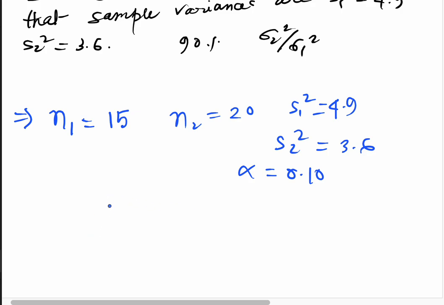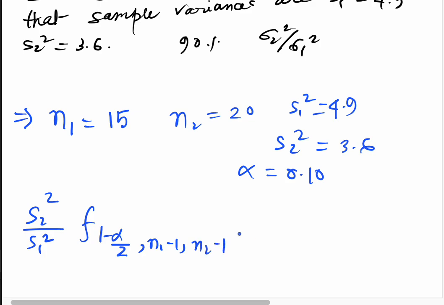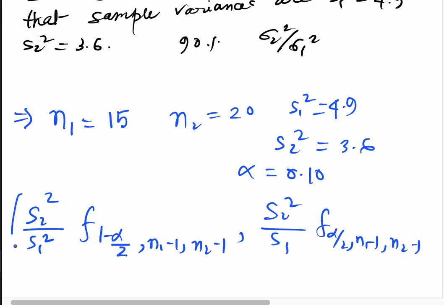So the 90% confidence interval for sigma 2 square by sigma 1 square will use the F distribution, so that will be s2 square by s1 square times f of 1 minus alpha by 2 comma n1 minus 1 comma n2 minus 1, to s2 square by s1 square times f alpha by 2 comma n1 minus 1 comma n2 minus 1.